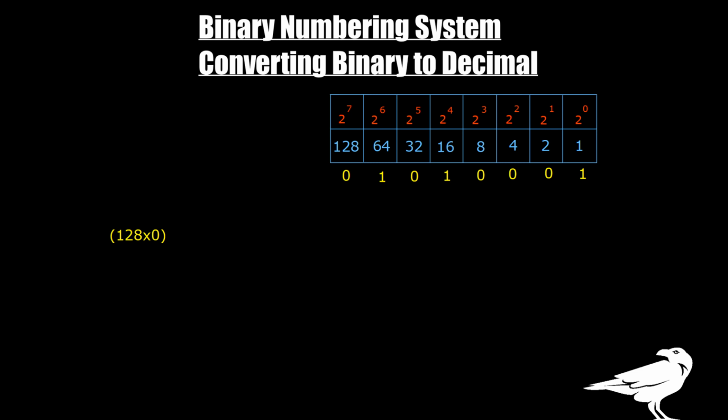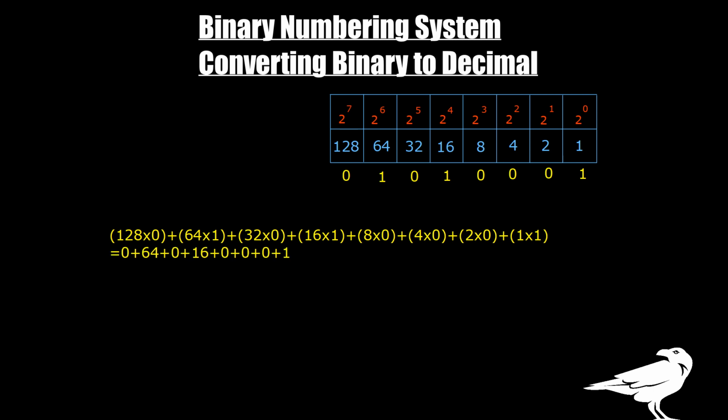Then you add it to the next column, which is 64, multiplied by 1, because you've got a 1 under there. And you keep doing this over and over until you've got all the way down to the end. I find this method a little bit time consuming and annoying, but let's just finish it and then I'll show you what I do.